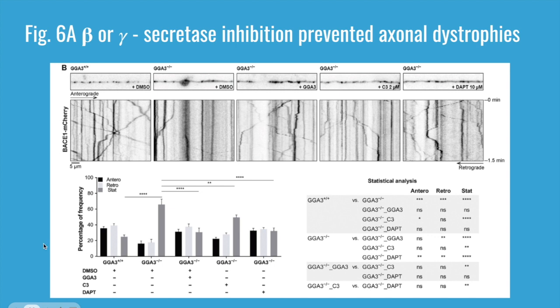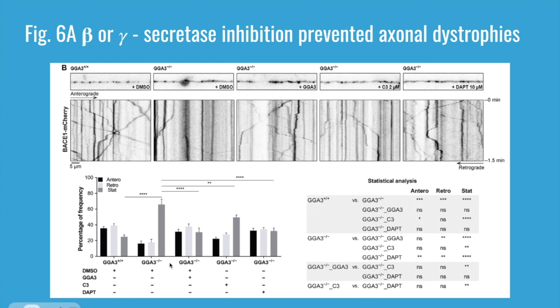So now with the same experimental setup as before, but instead of the stills of the movies, we're now looking at the kymographs of the BACE1-mCherry particles to analyze the BACE1 axonal mobility for both the anterograde and the retrograde movement. Looking at the kymographs, you can see there is motility and movement, both anterograde and retrograde, in the cells with GGA3. With GGA3 deletion alone, there is much more stationary, there is not as much movement.